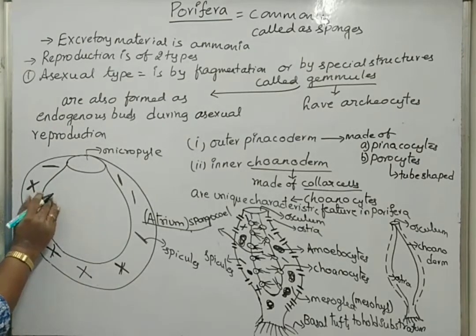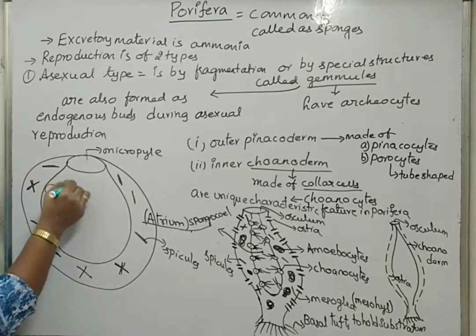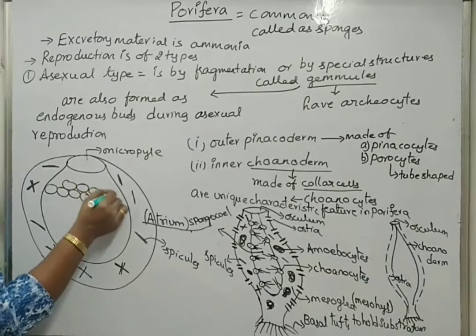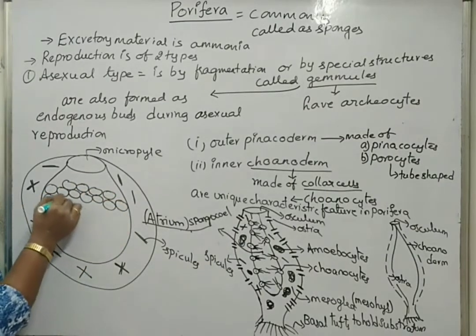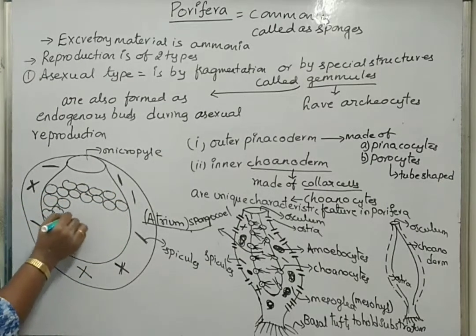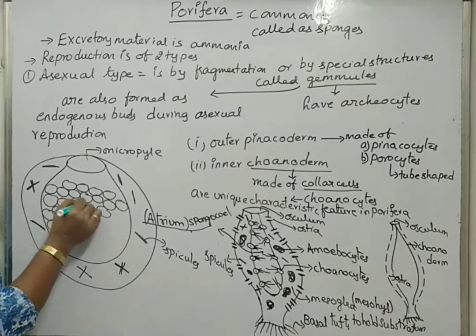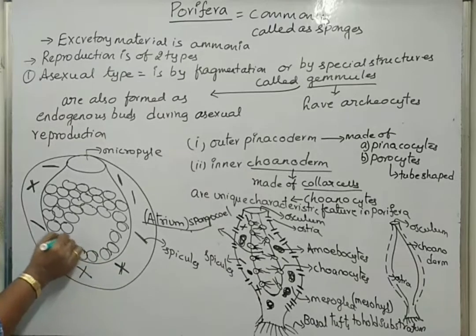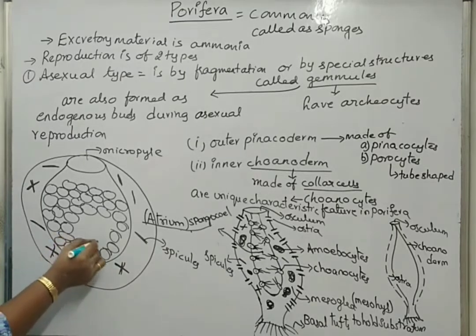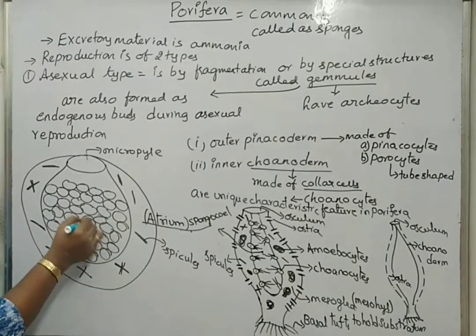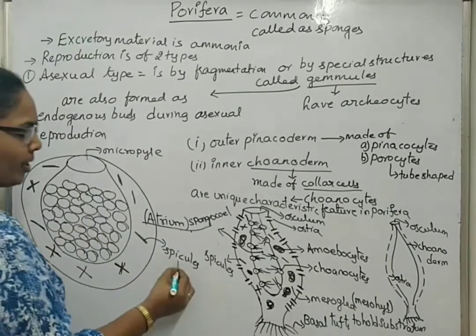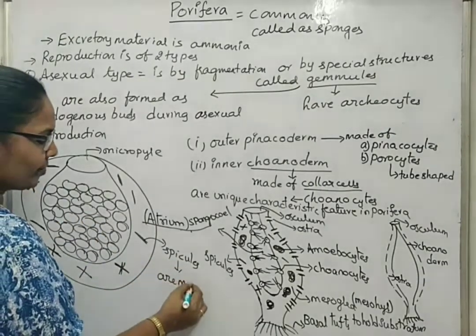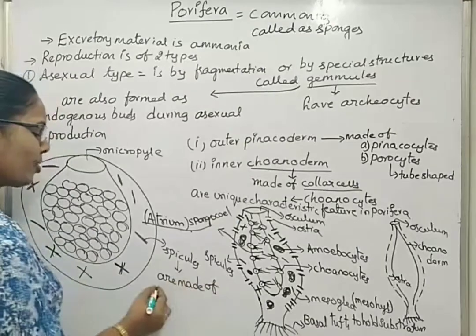Next, here will be the archaeocytes, a group or mass of archaeocytes. These spicules are made of spongin fibers.